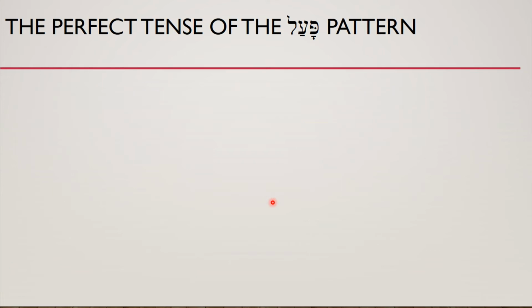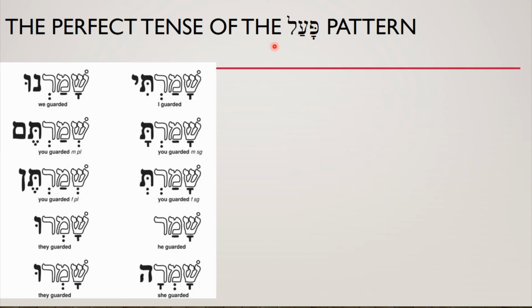So this is what the pattern of the pa'al stem looks like. I tend to use pattern to refer to verb charts, which I'm about to put up, so I usually call what the book refers to as verb patterns stems. That's just a difference in how I refer to things, so I hope that doesn't get confusing going forward.